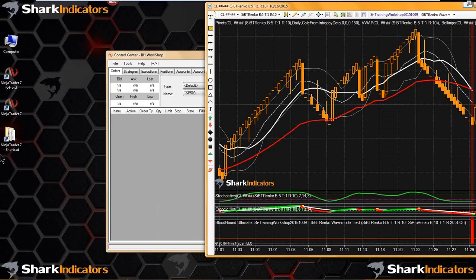So the difference is that a stop works in real time. When price comes down and touches your stop price, you're closed out. Whereas an exit logic will close out the trade when certain conditions happen, when the bar closes, right?